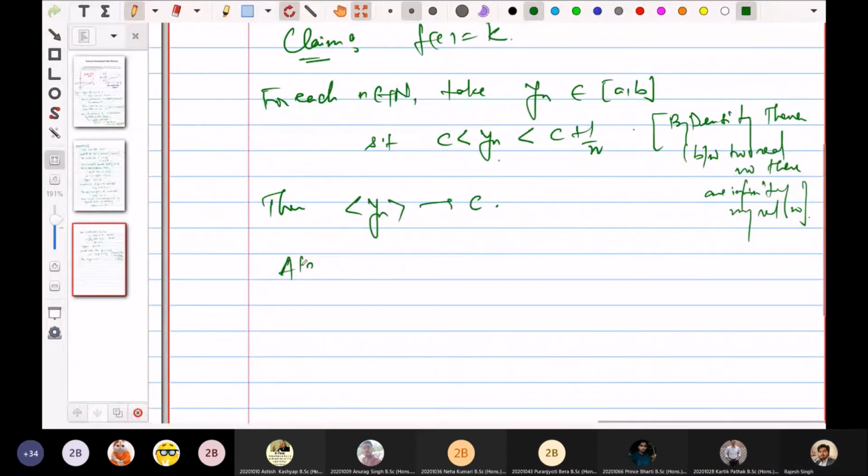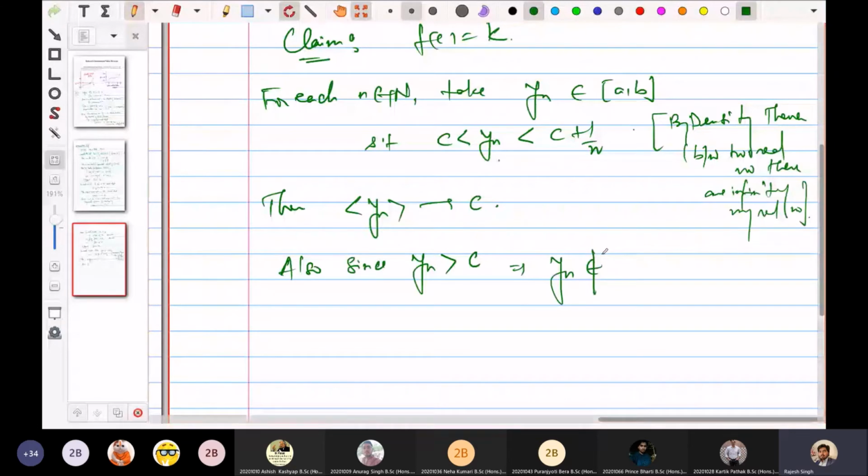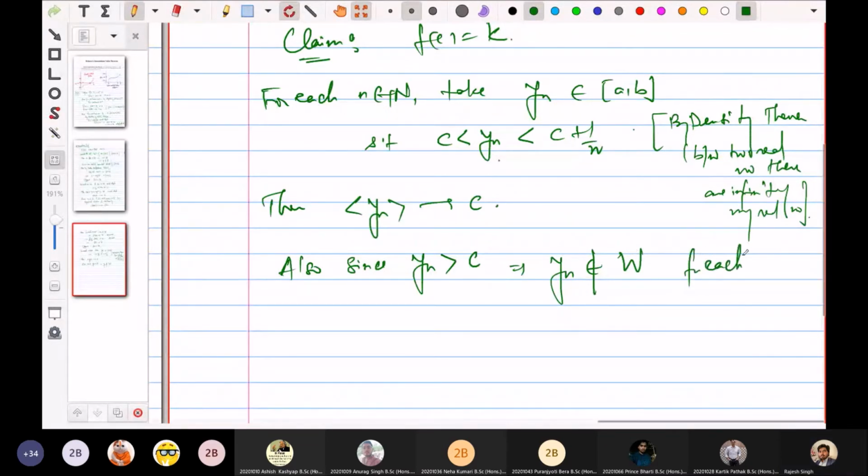Also, since yn is greater than c, this implies yn does not belong to W. W में क्यों नहीं belong करेगा? क्योंकि c is the supremum of W और yn is bigger than c, so yn cannot be in W, right? ठीक है?